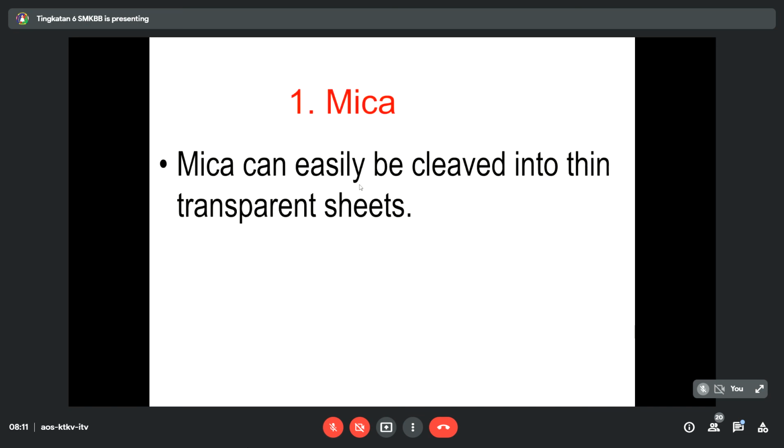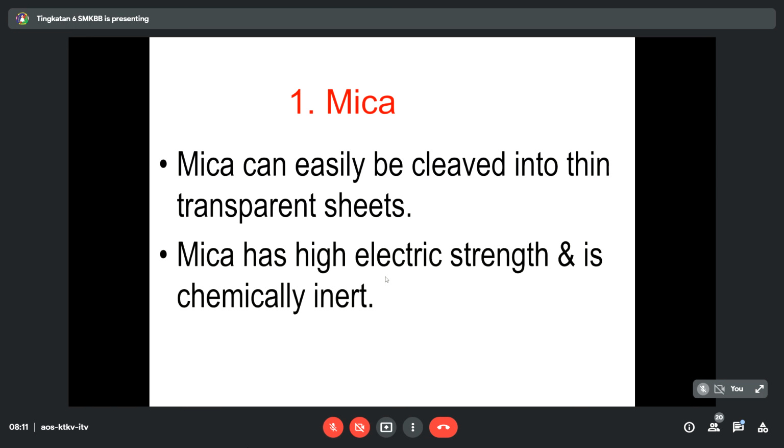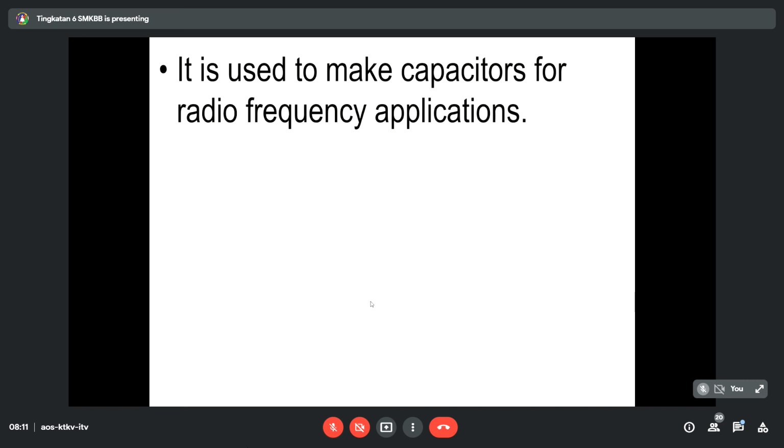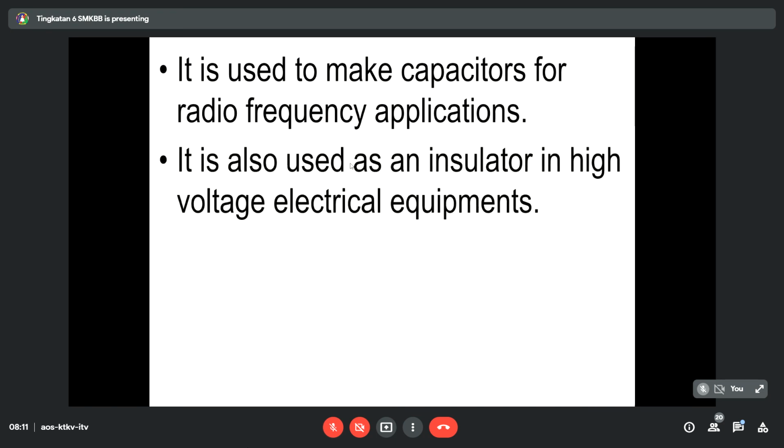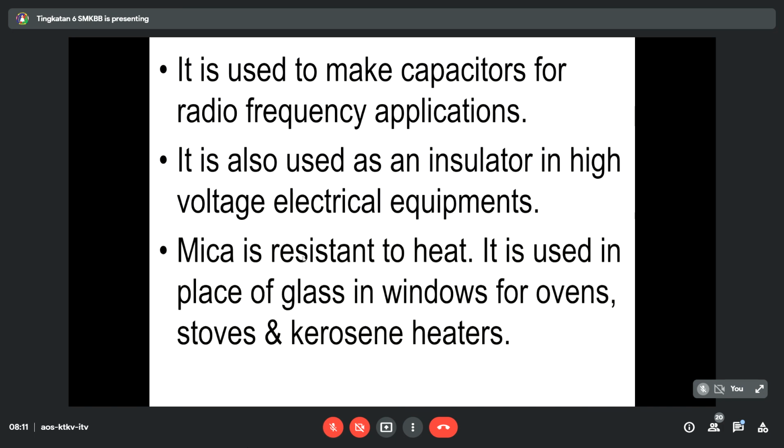Okay, mica easily cleaves into thin transparent sheets. That means you can cut them easily. It has high electric strength and is chemically inert. Used to make capacitors for radio frequency applications. Also used as an insulator in high voltage electrical equipment. It is resistant to heat, so it is also used in place of glass in windows for ovens, stoves, and kerosene heaters.